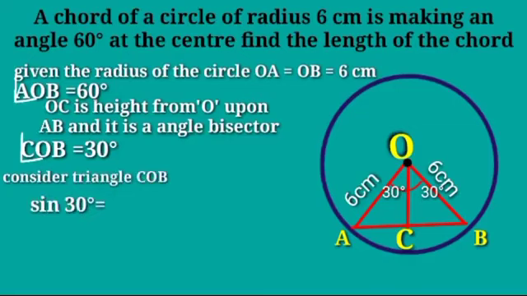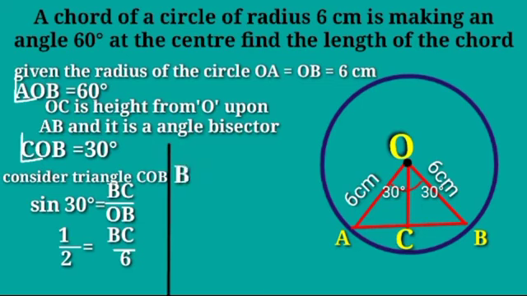Sin 30 degrees is equal to BC by OB. Sin 30 means 1 by 2. That's equal to BC by OB, where OB is the radius, 6. Then BC is equal to 6 by 2, that's equal to 3.